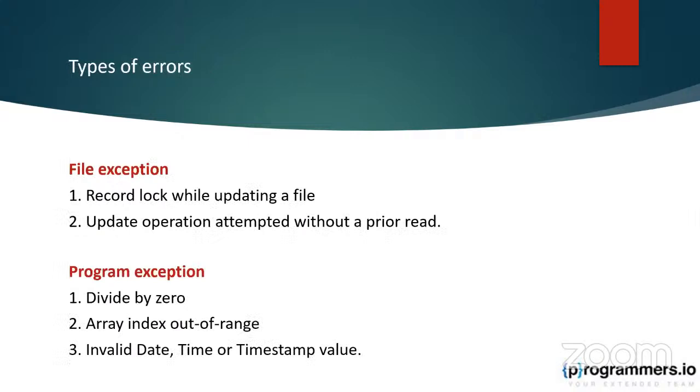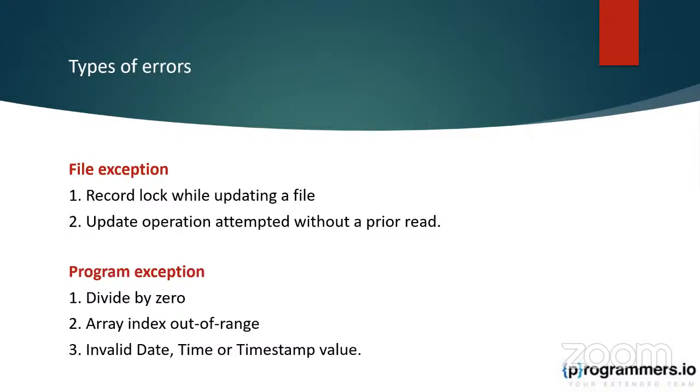So what types of errors do we have in AS/400? Basically, we have two types of errors. The first is file exceptions. Sometimes while using a file in the program, we get errors like the record lock error and update operation errors. So what is a record lock error? Sometimes we use a file in two different programs.